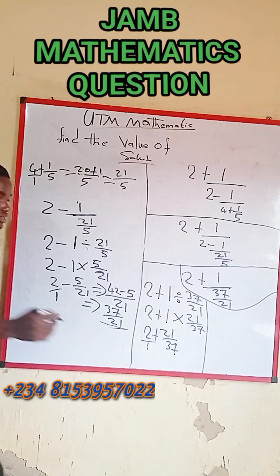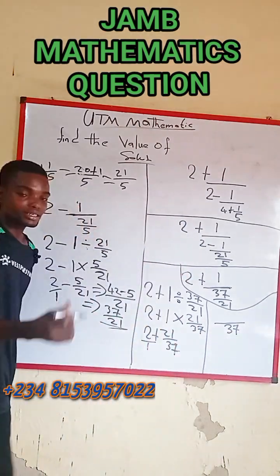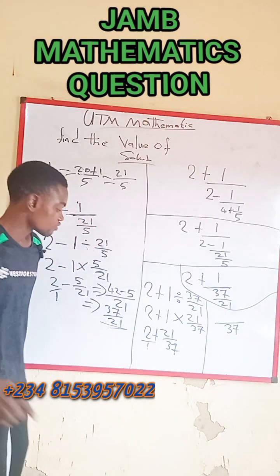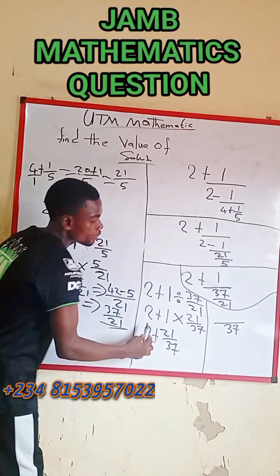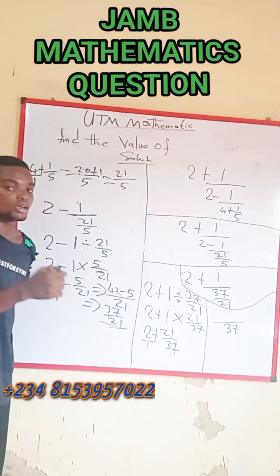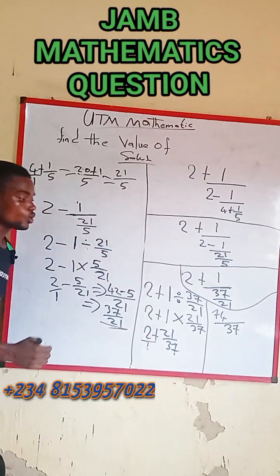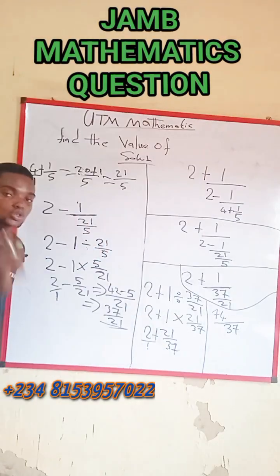Now this LCM of 37, we put it over 37. The 37 is going to divide by this 1 here, which gives us 37 multiplied by 2. If 37 multiplies by 2, it's going to give us 74. Now the same 37 divided by 37 will give us 1.